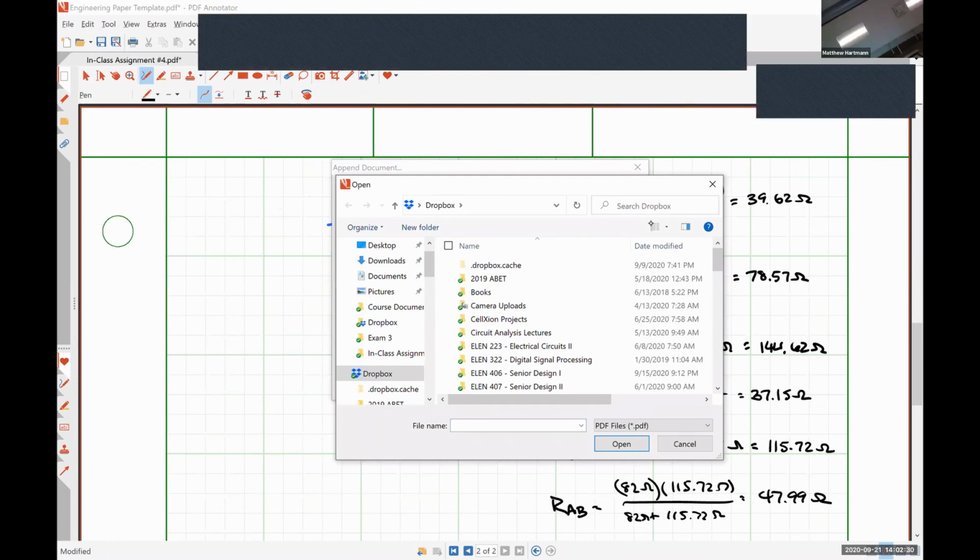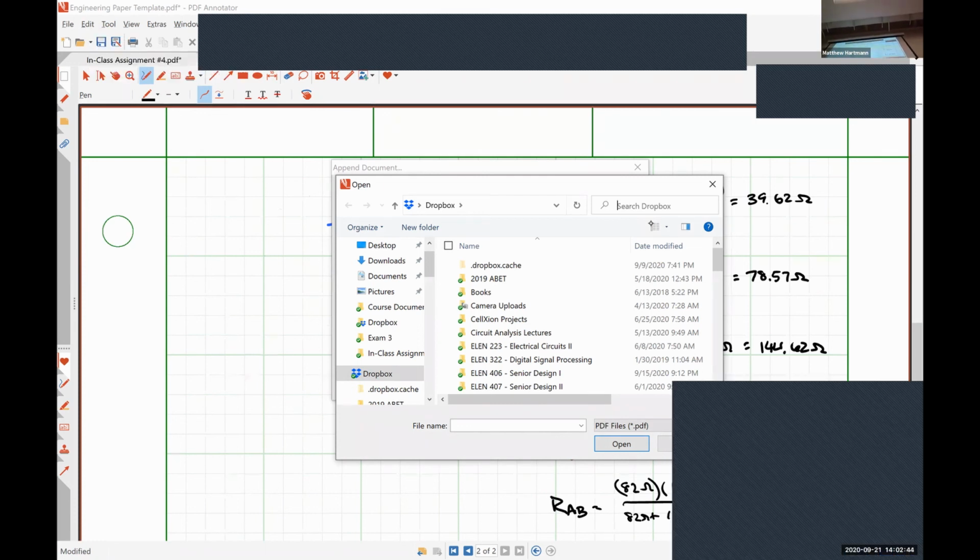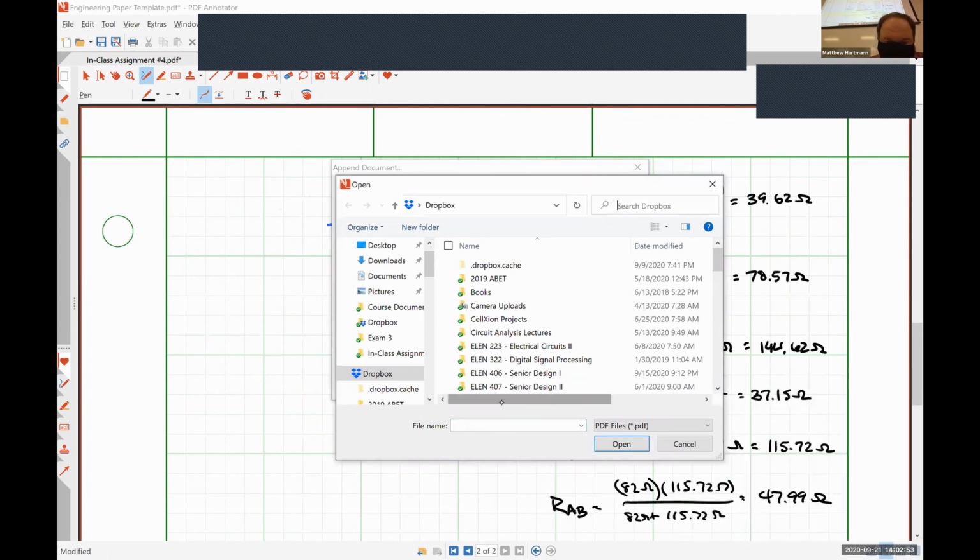Is my keyboard not working? All right, well, I'll just scroll down and do it then.